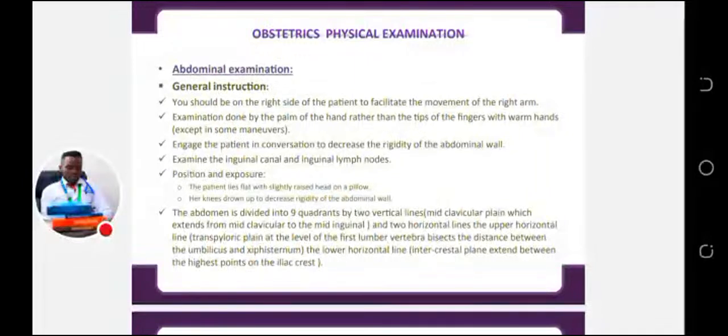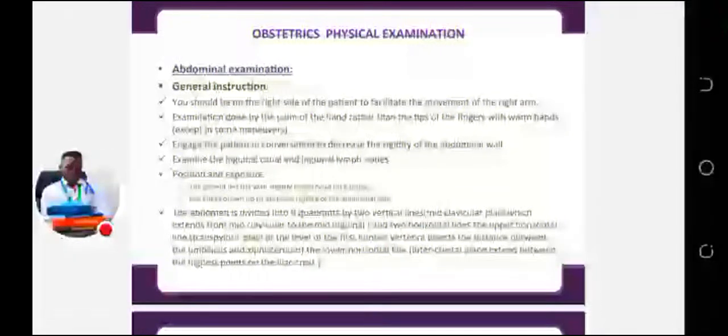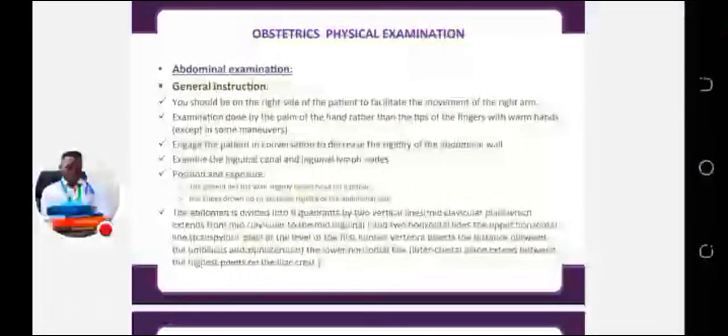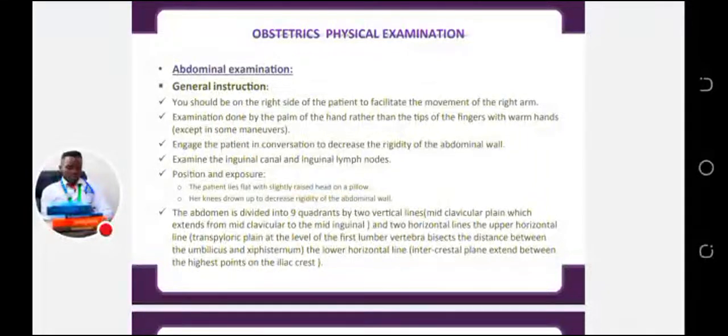Then position and exposure. The patient should lie flat with slightly raised head on a pillow, and the knees should be drawn up to decrease the rigidity of the abdominal wall.